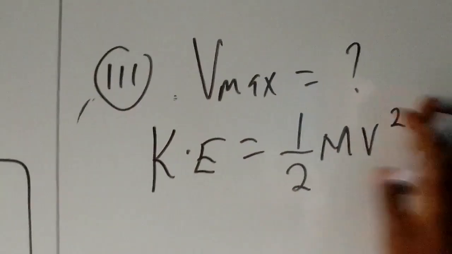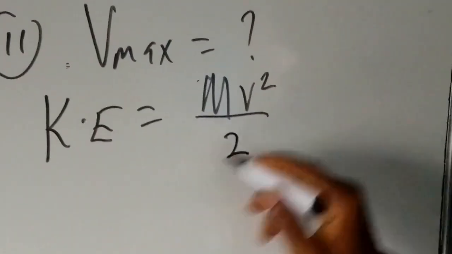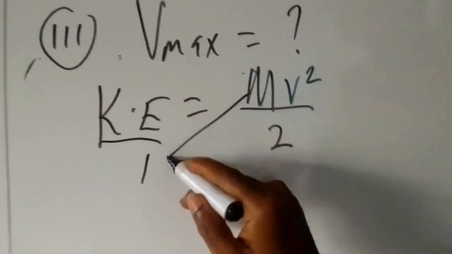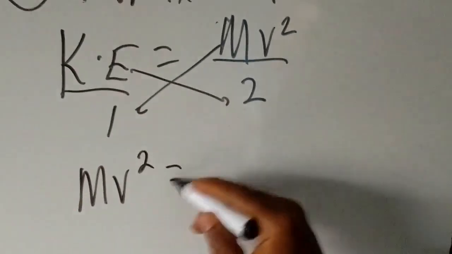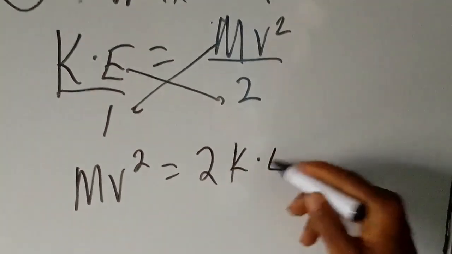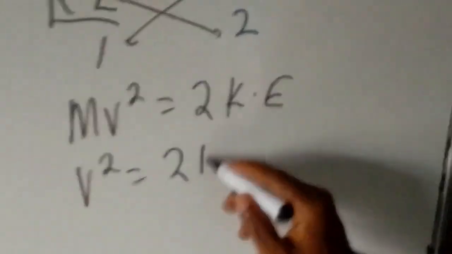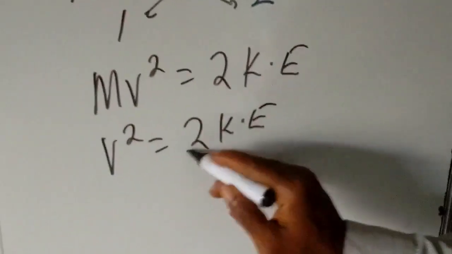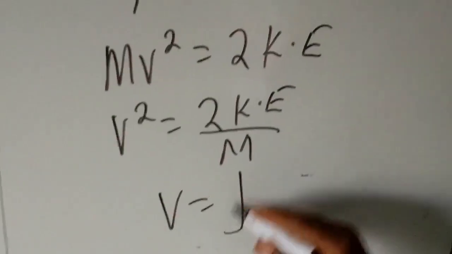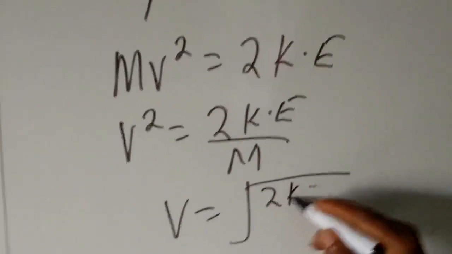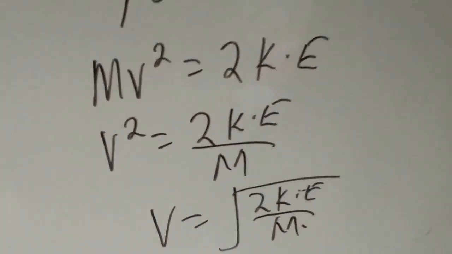This is just writing mv squared over 2. Cross multiply, and we now have mv squared equal to 2Ke. Then v squared equals 2 times kinetic energy all over mass. Then velocity becomes the square root of 2Ke over mass.